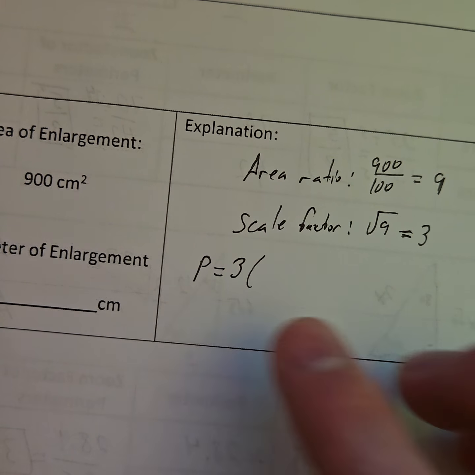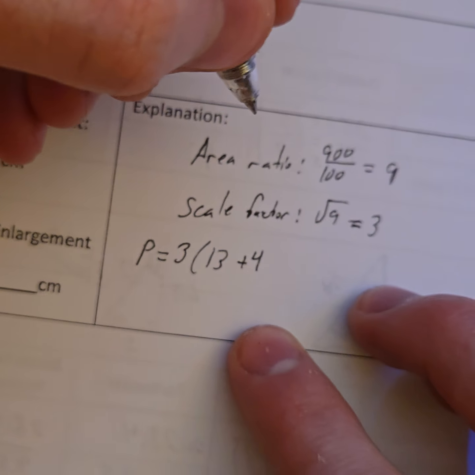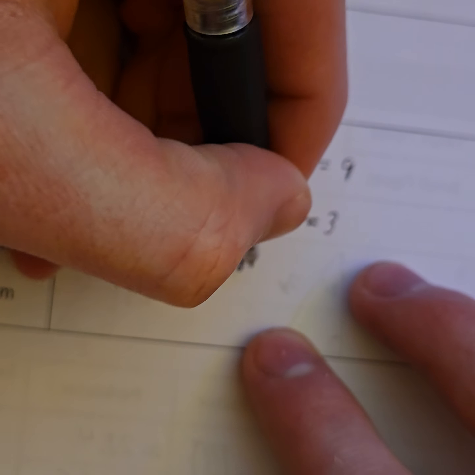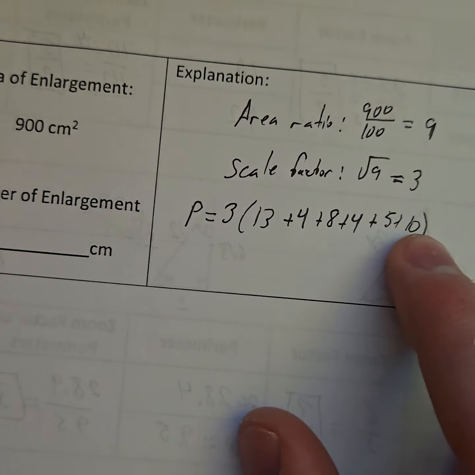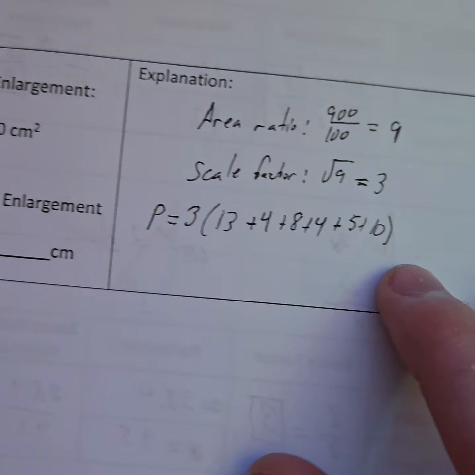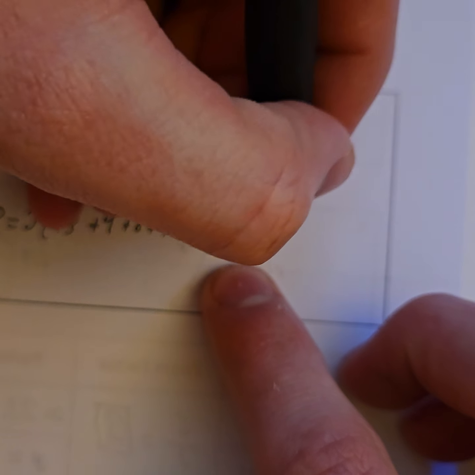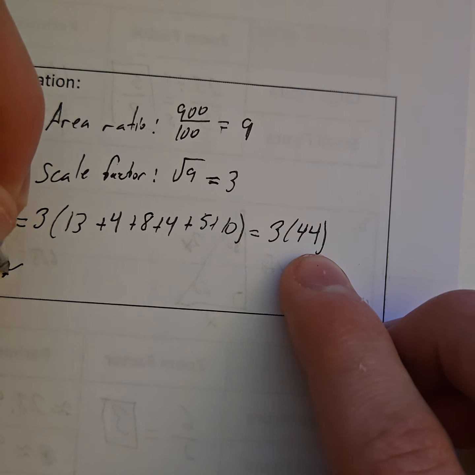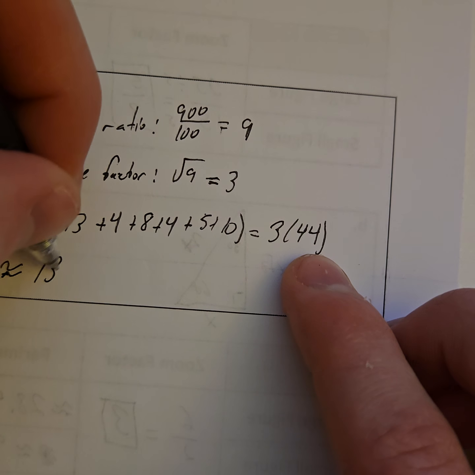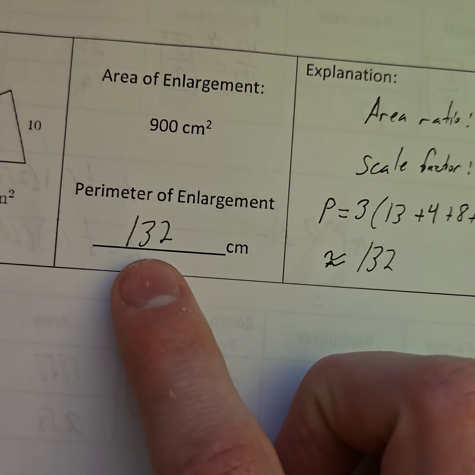So you've got 13 plus 4 plus 8 plus 4 plus 5 plus 10. This is our perimeter here, and we're going to take that times 3. So if you add those all up, you get 44, and 3 times 44, that's going to give you 132. So the perimeter of your enlargement should be 132.